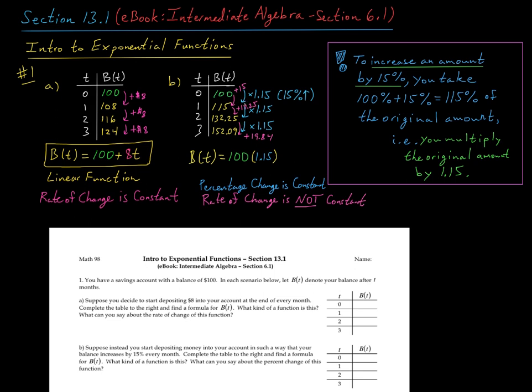That's the same thing as multiplying by 1.15 three times, and then that value would multiply this original balance. Okay, so more generally, after t months, we're just going to take the initial balance of 100 bucks, multiply by 1.15 t times. And notice here the variable is in the exponent position, and for that reason we call this an exponential function.